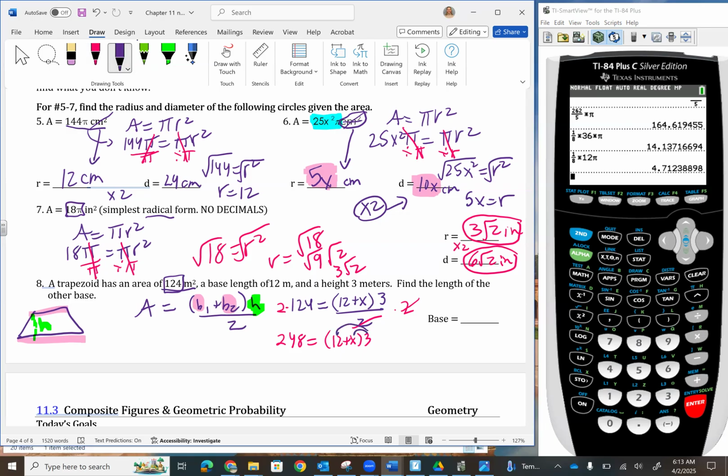You get 248 equals 36 plus 3x. Subtract 36 from both sides, and you get 212 equals 3x. Divide by 3, and your answer is going to be 70.6. And that is going to be in meters.